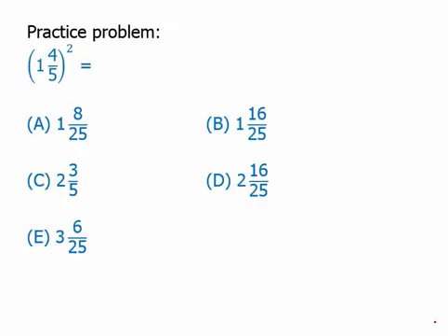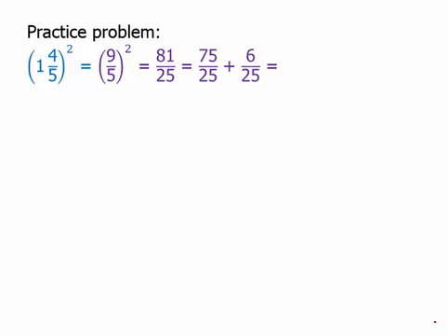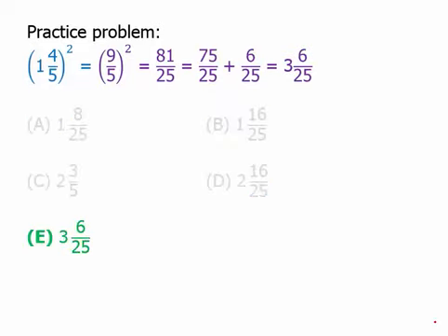But what we're going to do is change this to an improper fraction. The improper fraction, 9/5 squared, well, that's just 9 squared over 5 squared, or 81 over 25. Well, now that we have the answer, we'll rewrite that as a mixed numeral, 3 and 6/25. And look for that among the answer choices, and that's answer choice E.